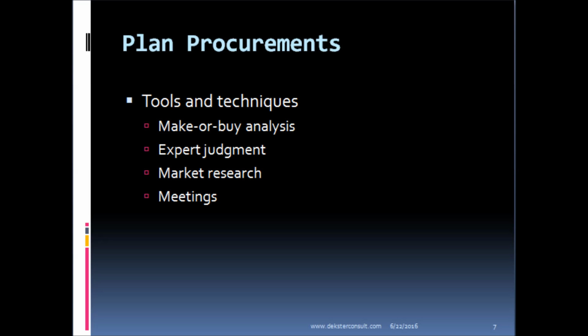Then we will need expert judgment. We could make use of expert opinion to decide on procurements. We could make market research. And of course, meetings are important tools for planning, not only procurements, but planning generally on projects.